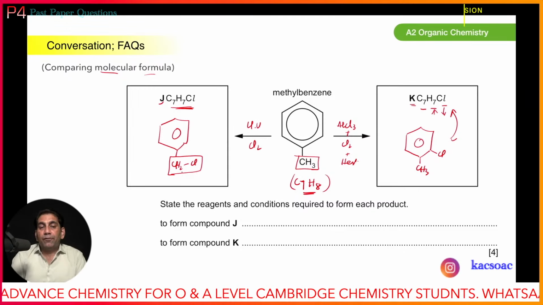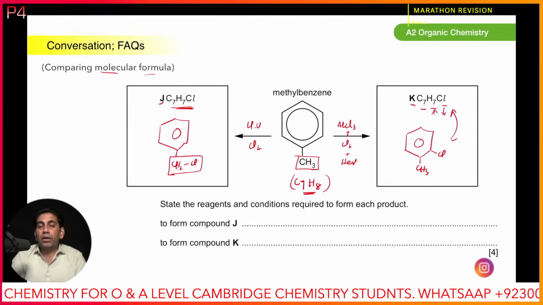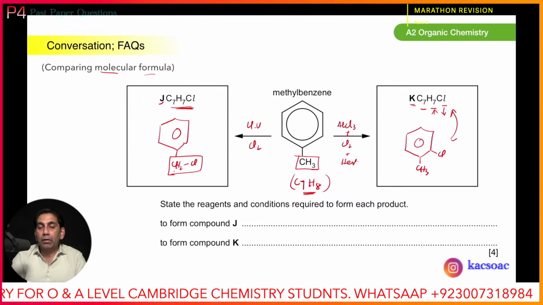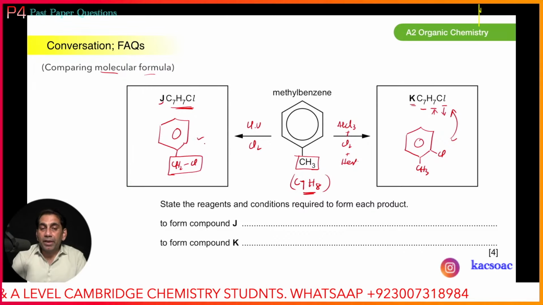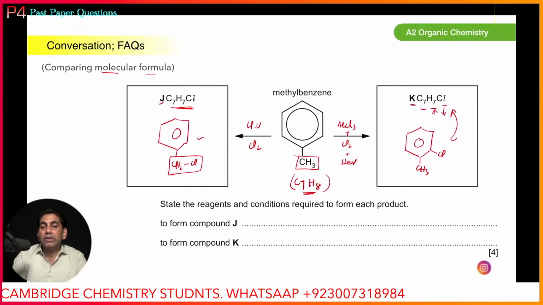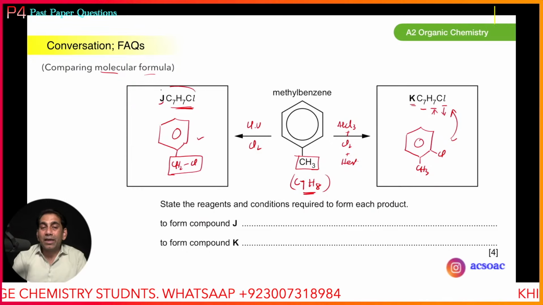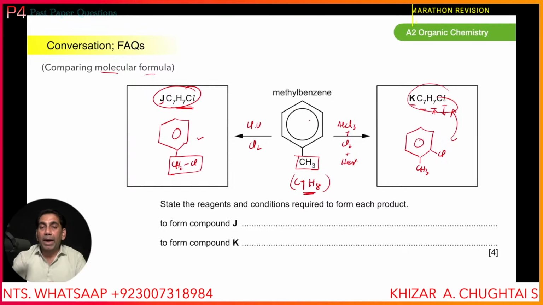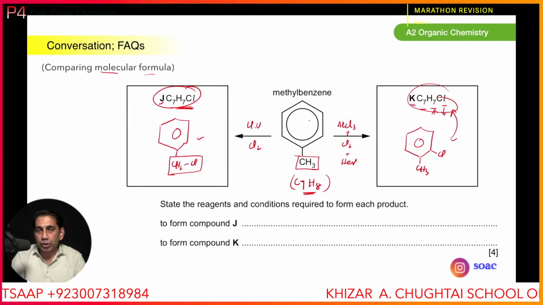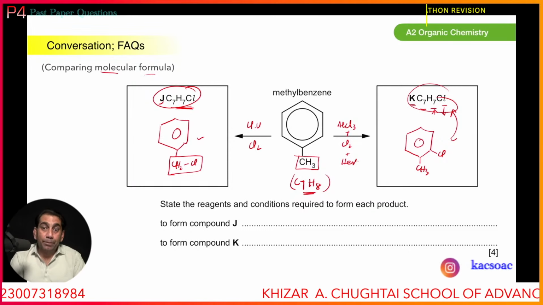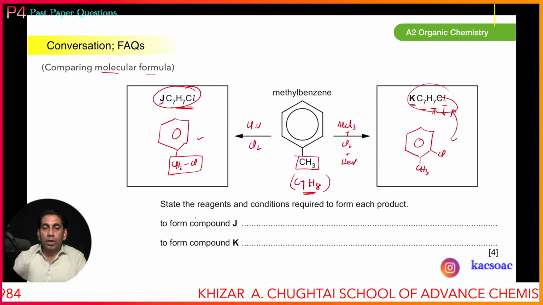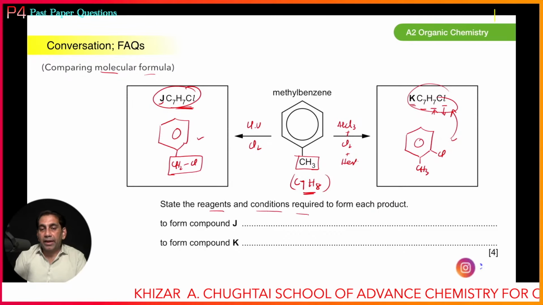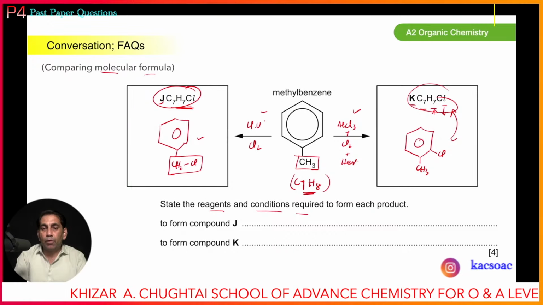There is the possibility of formation of a second Cl over here, dichloro or trichloro. But one of the common possibilities is that you can synthesize both compounds from this compound by using different reagents and conditions, but they are pretty similar. So here, asked to find the reagents and conditions, I mentioned them over here.